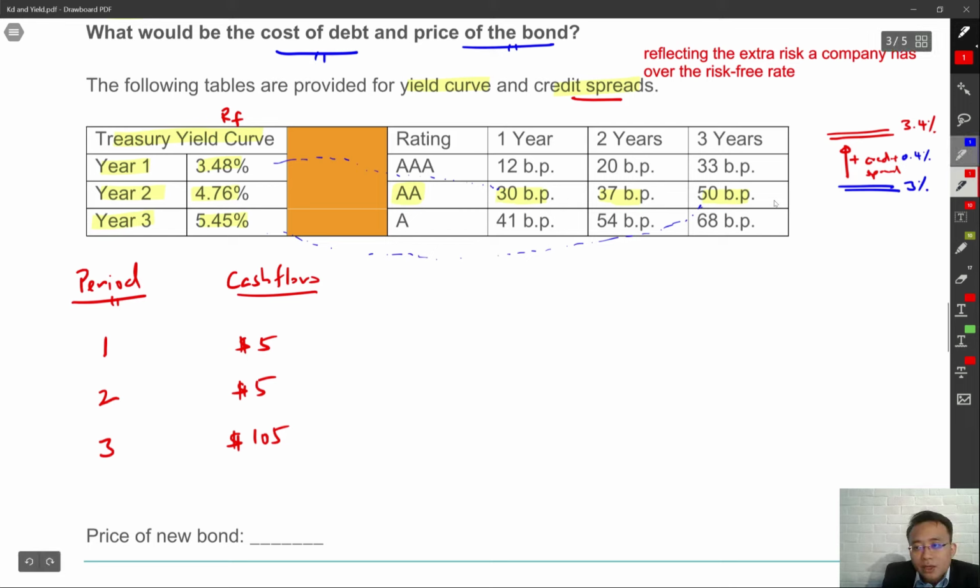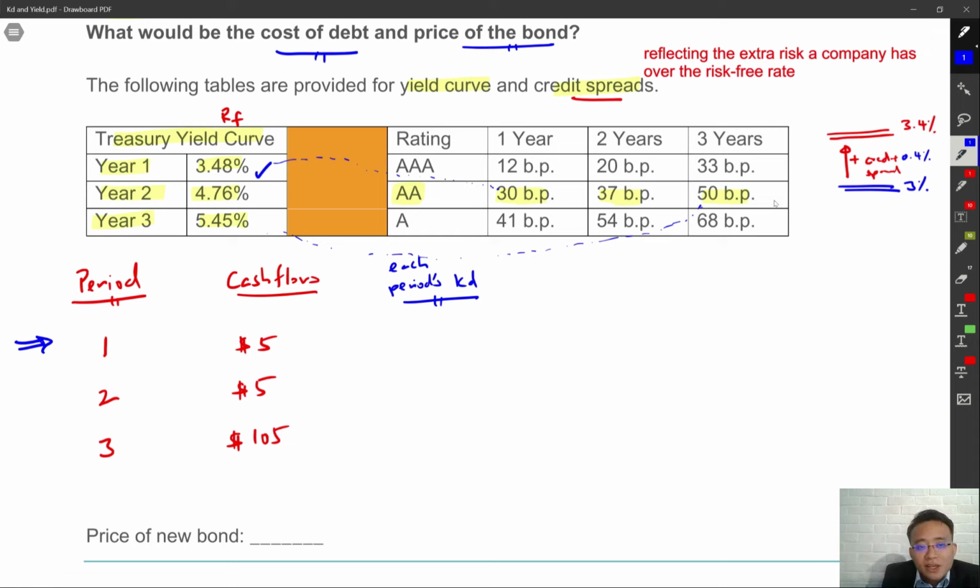What would be the cost of debt for each period? Cost of debt can be represented by KD, which is short form for cost of debt. So what is each period's cost of debt? Now, if you make someone wait 1 year for the money, this $5 here will come in period 1.